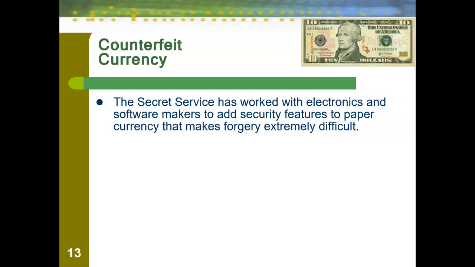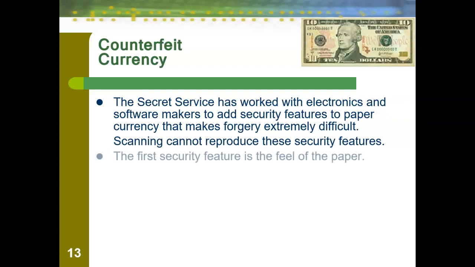It is sort of a cat and mouse game: every time they add new features, counterfeiters try and get better at faking those features. Now, scanning cannot reproduce most of the security features. That's where the difficulty lies. Simply putting a piece of money on a scanner is not going to get you many of the security features that have been added as computers became more and more common.